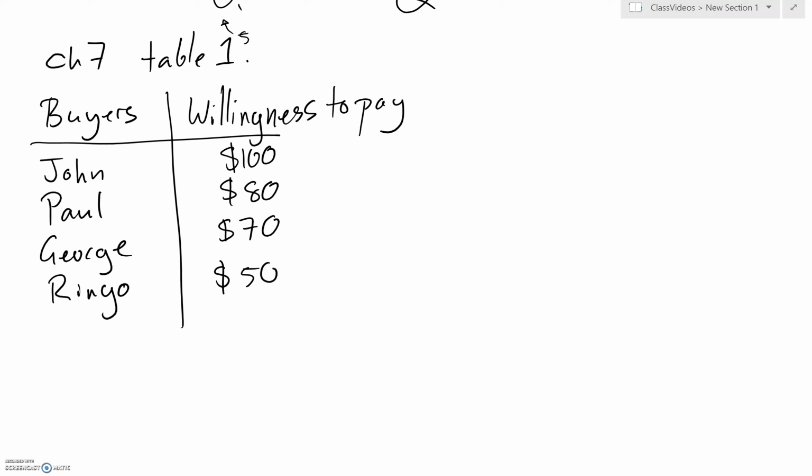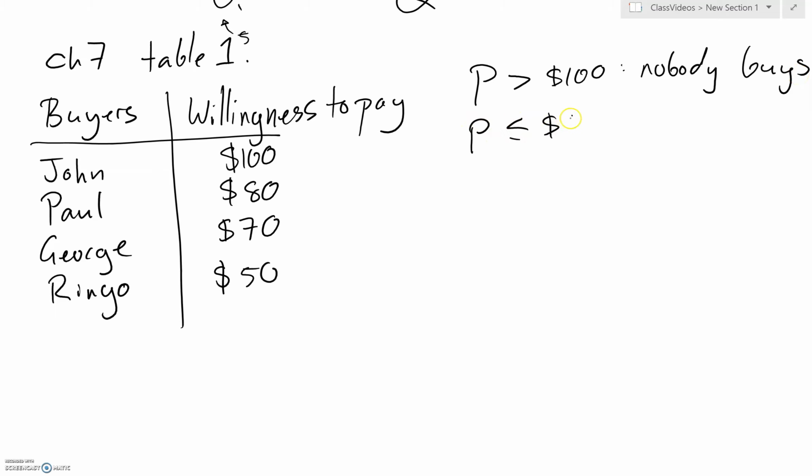Okay, so what we're going to do here is think about a few different prices and work out how much benefit these buyers would get if the price of this item were equal to some particular values. Okay, so just looking at this to start off with, we can work out a few things straight away. So, if the price is above $100, nobody buys. And if the price is less than or equal to $50, everyone buys.